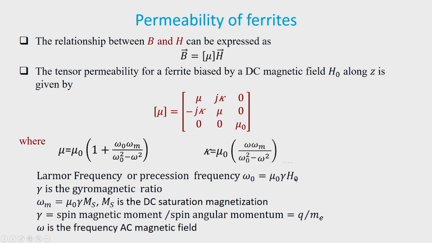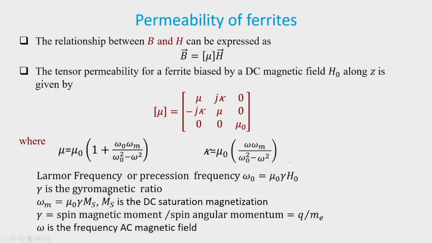H naught is the bias field that is applied, magnitude of the bias field, and gamma is the gyromagnetic ratio, and it is the ratio of the spin magnetic moment to the spin angular momentum. Now, an electron spin is associated, as we have told, with a magnetic moment, and it is also associated with an angular momentum which is given by h by 2.